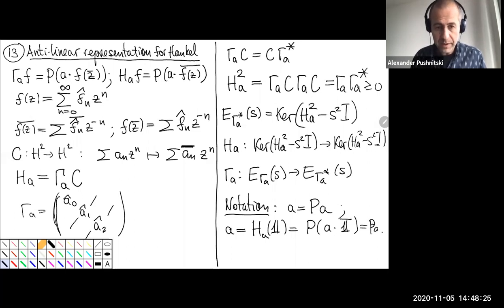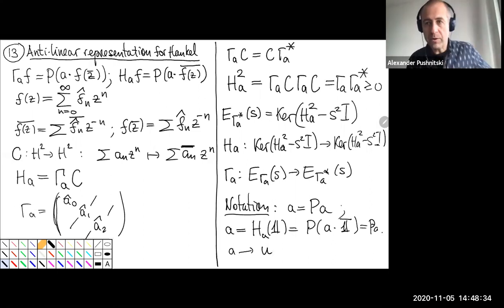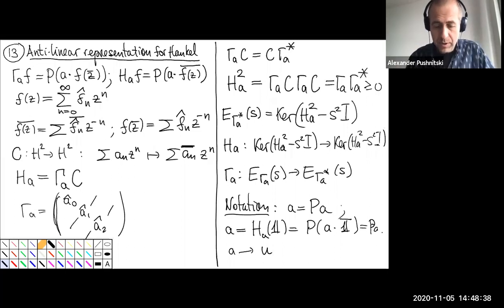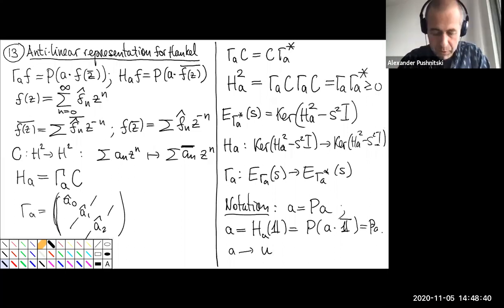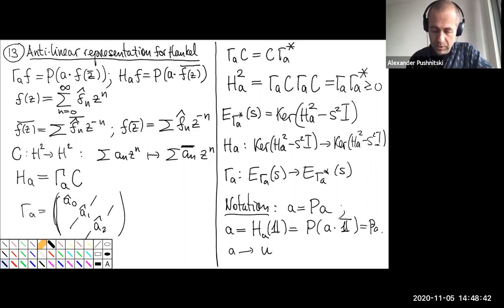Okay, and finally, in what follows, I will switch the letter and I will use U, because we use U in our paper everywhere, and I have U in my notes, and if I try to stick to A, I think I will get confused. So U will be the analytic symbol of a Hankel operator. So we will be dealing with HU.